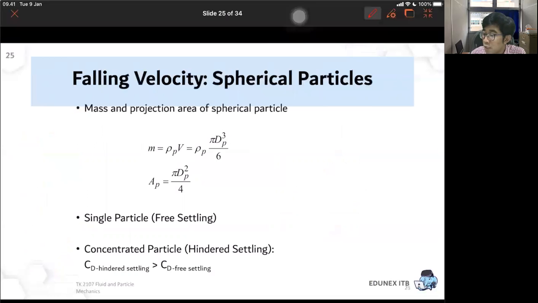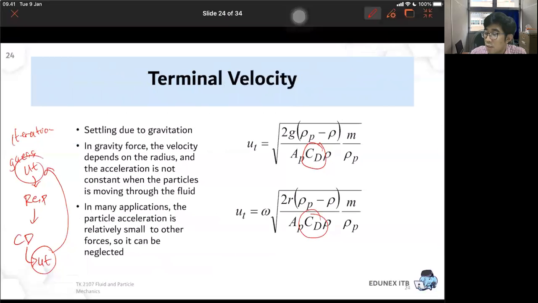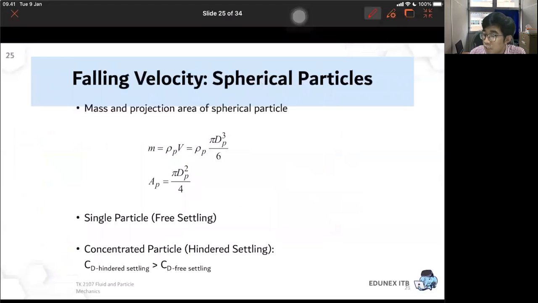Now, before going into the explanation of this equation, just remember again that for spherical particles, for the falling velocity, you can use this equation. Of course, the calculation of the projection area is simple, right? Then you can calculate the projection area using the circle area.